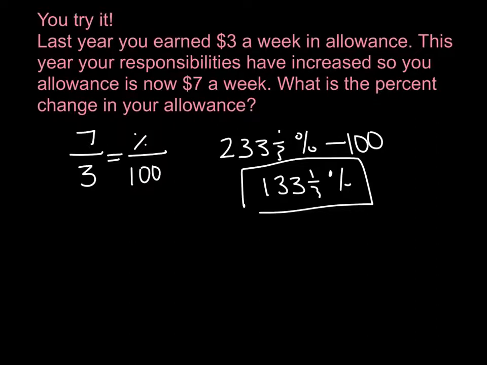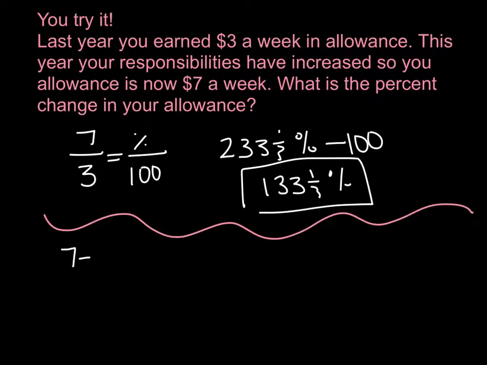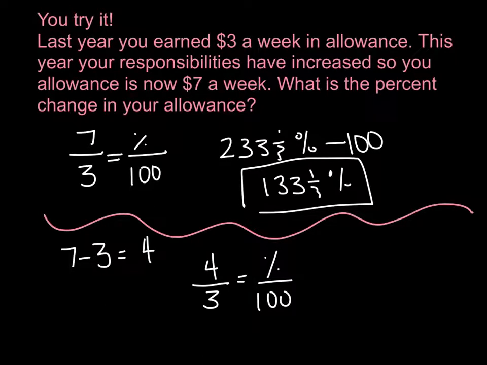All right, now if you're somebody who likes the other method, okay, then go ahead and think about that change first, okay? The change first is 7 subtract 3, giving me a change of 4. And then I set up my change over the original, which was 3, is equal to percent over 100. And again, when you do that math, you're going to end up with a percentage of 133 and a third percent increase.